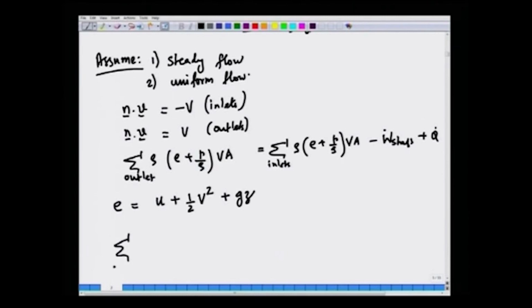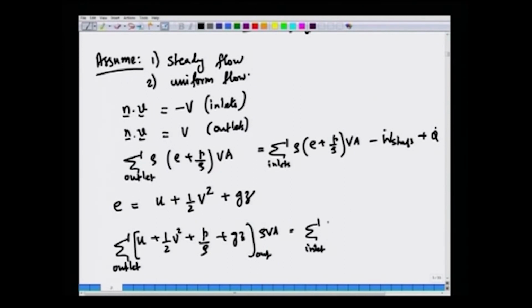So, we will write the summation over outlets of (u plus half v squared plus p by rho plus g z) times rho v a at outlet, minus the summation over inlets of (u plus half v squared plus p by rho plus g z) rho v a at inlets, is minus W dot shaft plus Q dot.